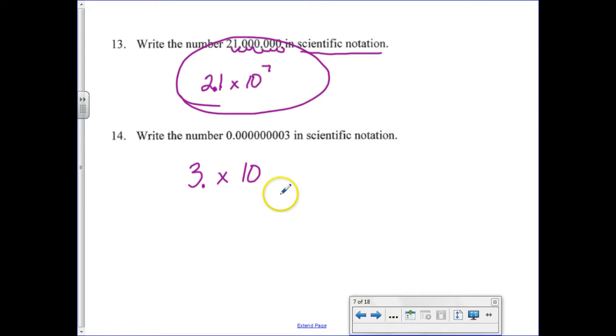We're multiplying by a power of 10 because our place value system and our number system is based on 10, so each place value is another power. Now count how many places we have to move the decimal point to get back right there. Here we go. 1, 2, 3, 4, 5, 6, 7, 8, 9. I have to move it 9 places, but I have to move it to the left, which is why you indicate that with a negative exponent.